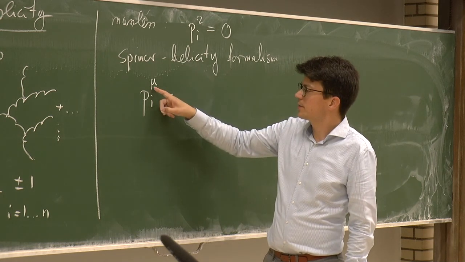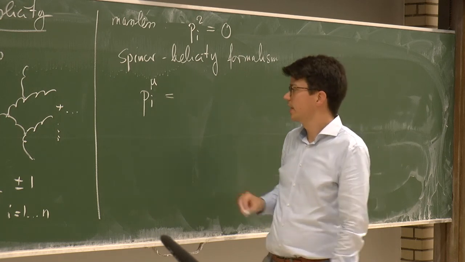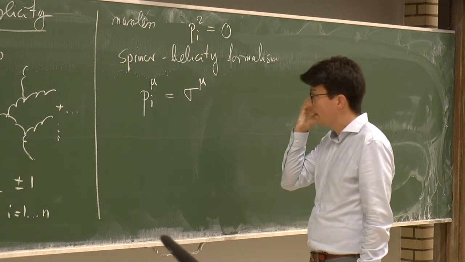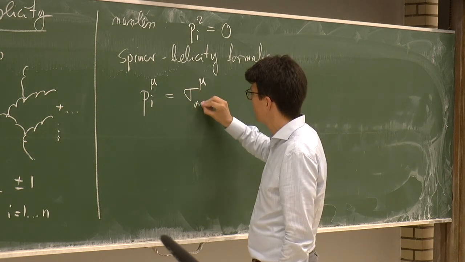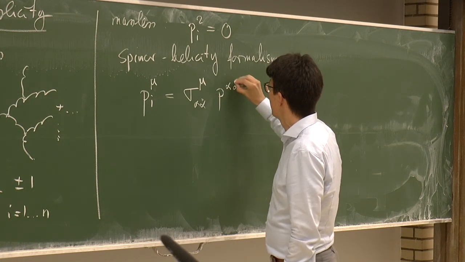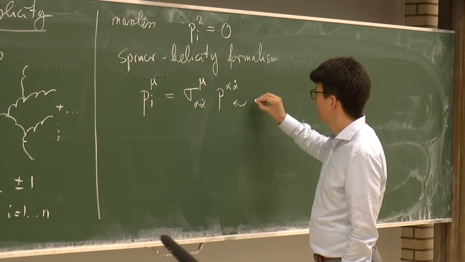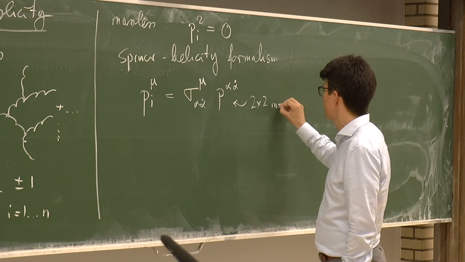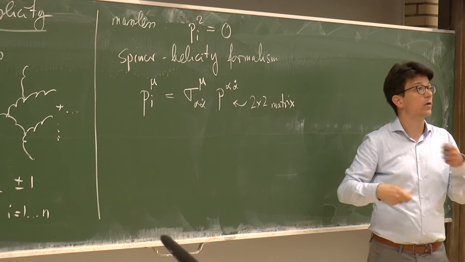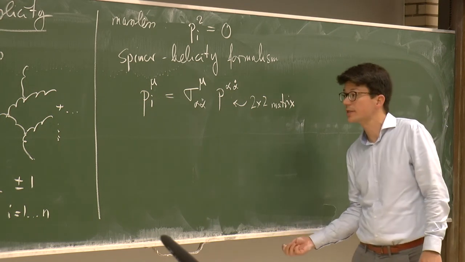So here it's a momentum in 4 space-time dimensions. So this vector has 4 components, but one can rewrite it in the following way with the help of some sigma matrix. One can write it in terms of some other quantity, which is a 2x2 matrix. So in this way, if you wish, this is just a different organization of the same information. Instead of a 4-vector, you have a 2x2 matrix.